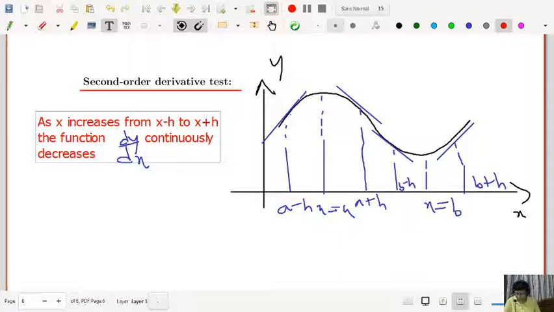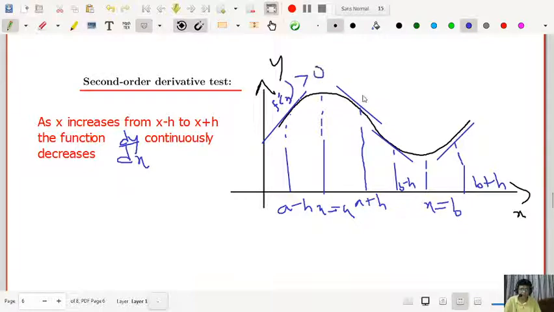Look at that, observe, that is positive for x less than a. f dash x is positive, and here f dash x, that is dy/dx at that point, is negative.